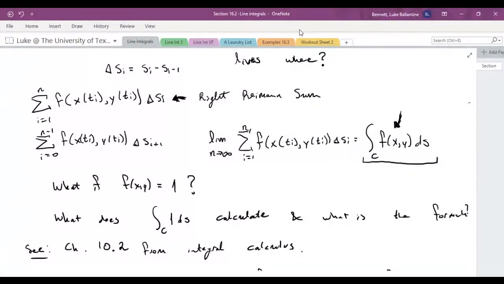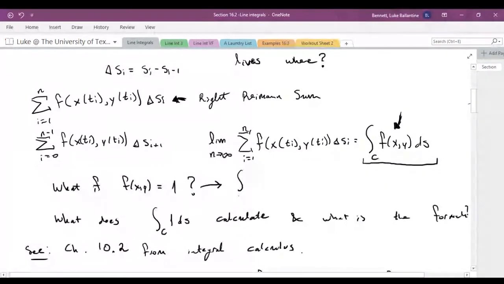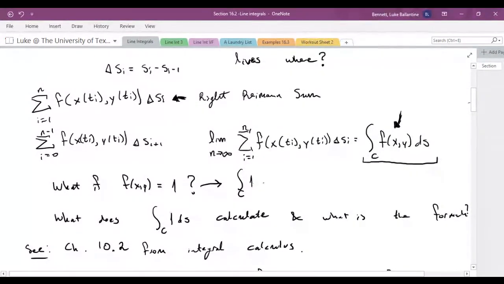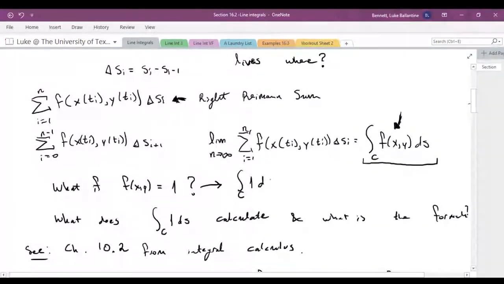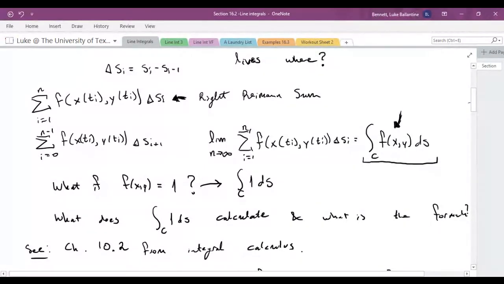But what if f of x, y equals 1? That is, what if we had the integral over C of 1 ds? What does this calculate, and what is the formula?